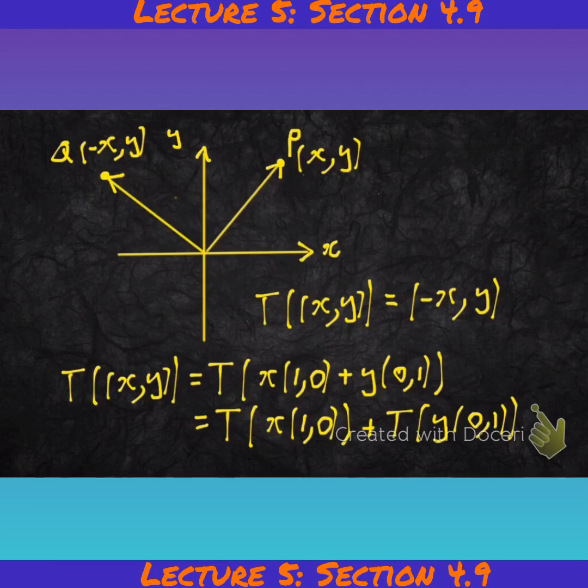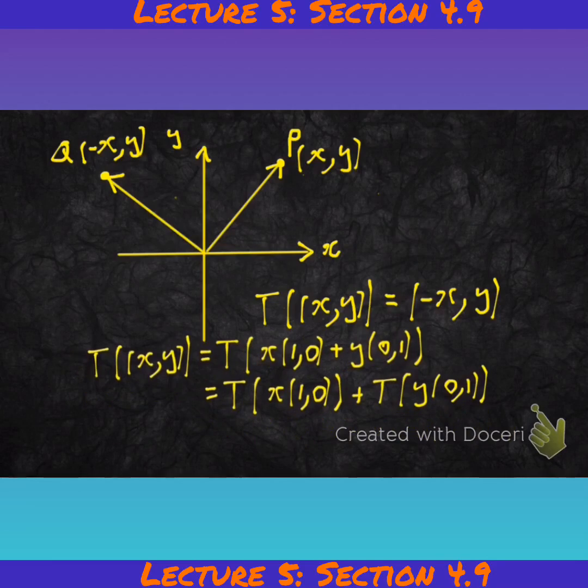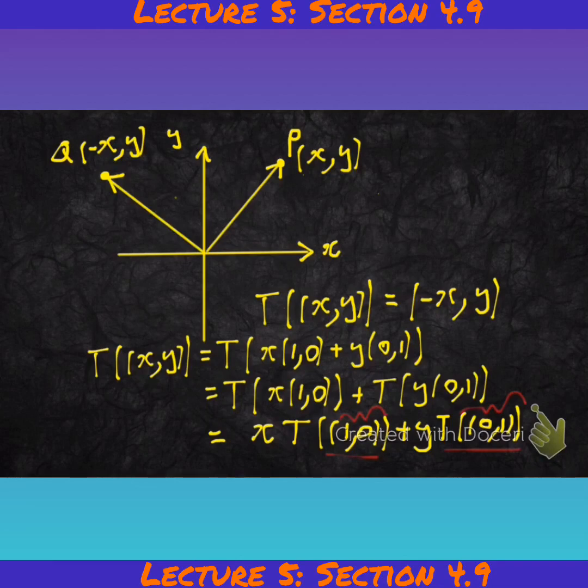Okay, so we get that there, and then from there we've got our expression for T acting on the vector x, y. So basically it all boils down to what is the image of T on each standard unit vector. This whole transformation T is actually determined by what these two values are.